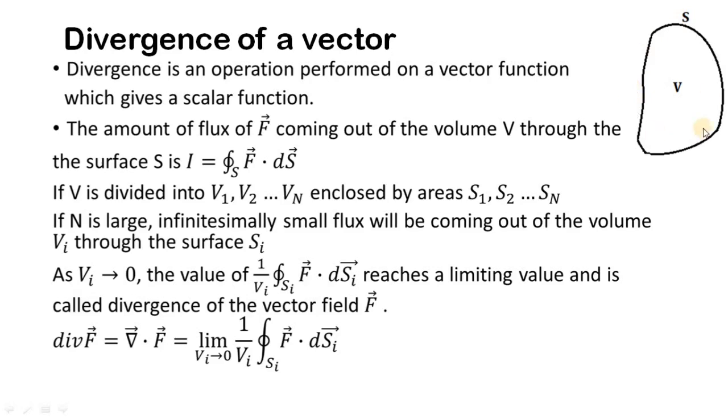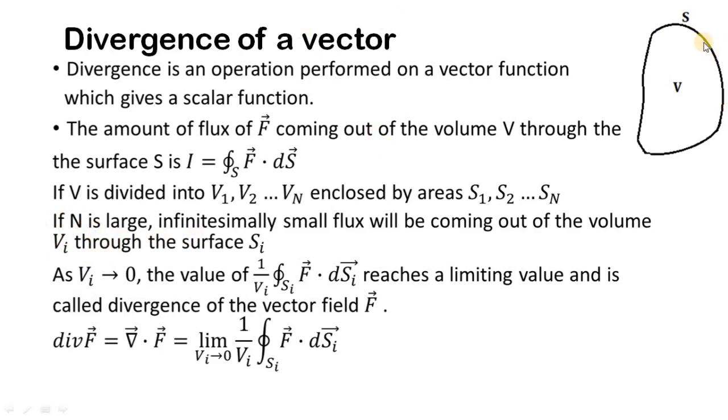Now, if this entire volume is divided into different parts, say V1, V2, V3, etc. up to Vn, enclosed by the surface areas S1, S2, etc. Sn respectively, and here n being infinitely large, then the volume of each subdivision Vi becomes infinitesimally small.